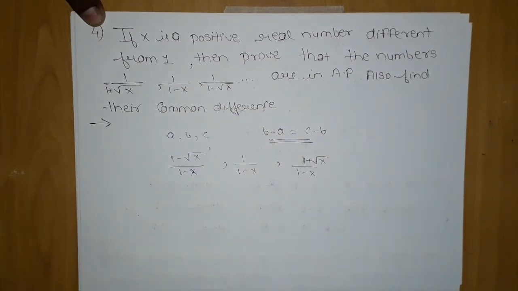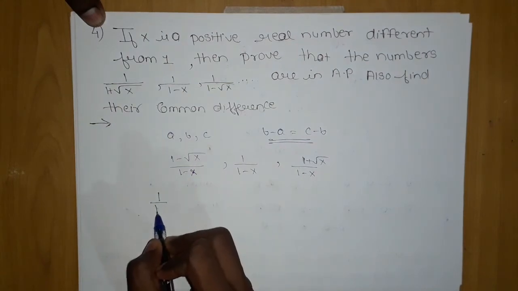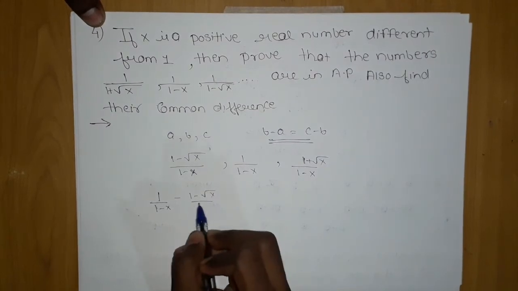Further on, just take 1 upon 1 minus x minus 1 upon 1 plus under root x. The denominators are the same, so the numerator is 1 plus under root x minus 1. What I am getting is under root x upon 1 minus x.